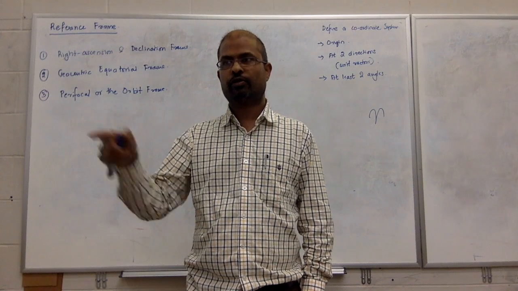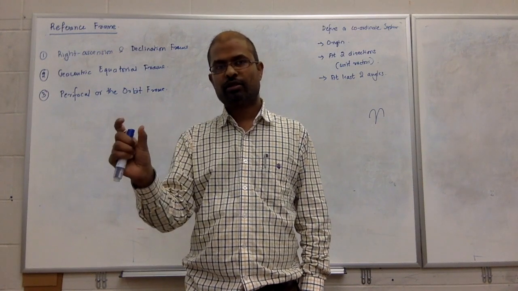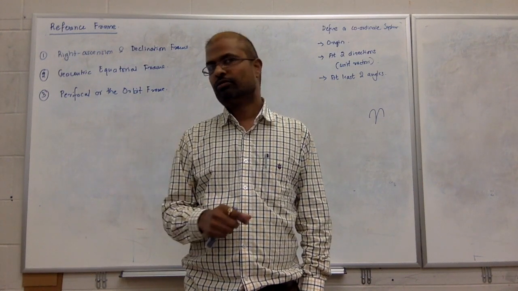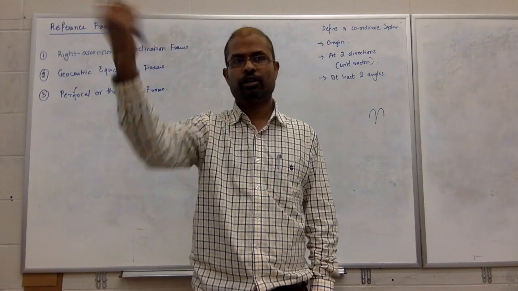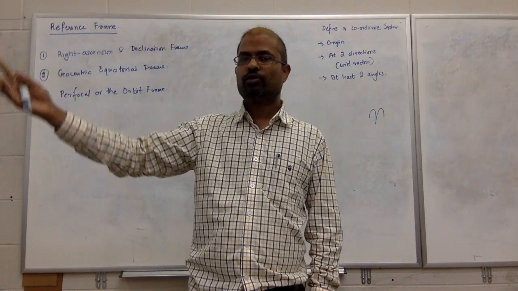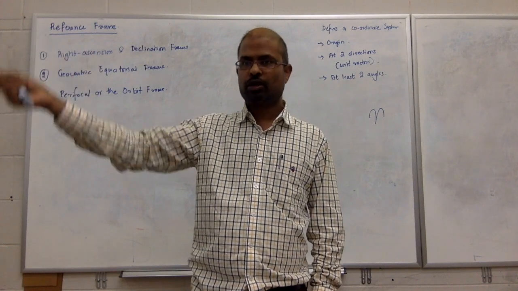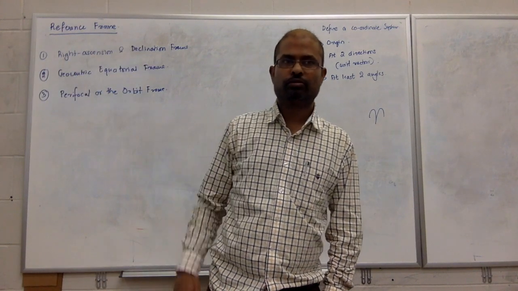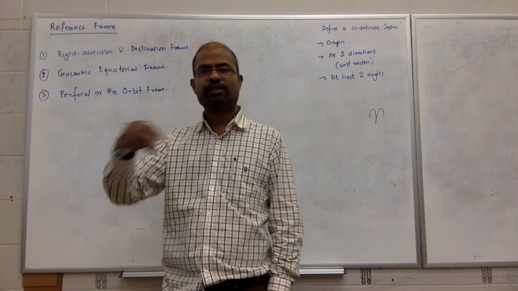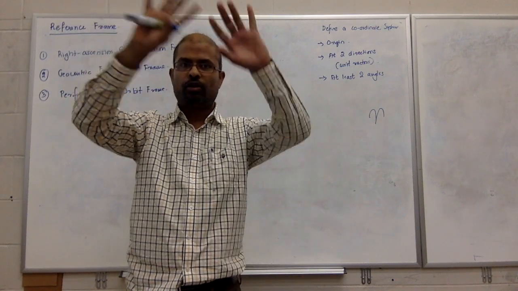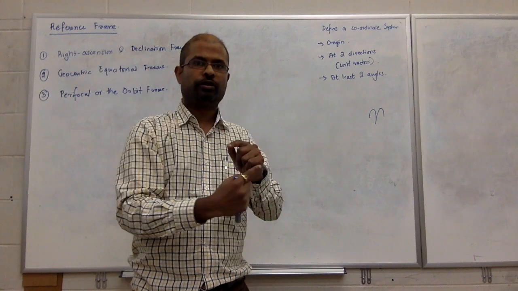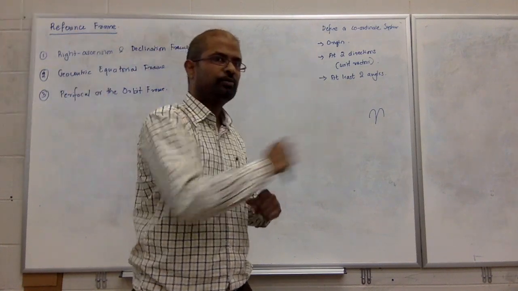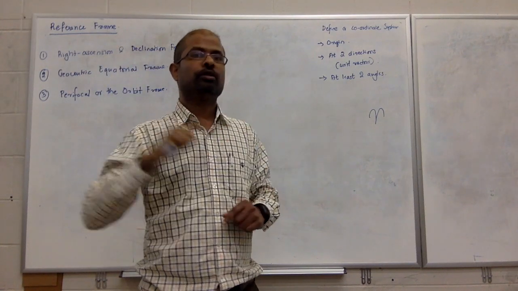R is equal to root of x square plus y square. X and y are Cartesian. If you are varying the z, you get the whole sphere. Here you can use two angles and one distance to define any position. You are essentially defining the trajectory of the orbit point by point. It could be a circle, it could be an ellipse, it could be a parabola, it could be a hyperbola.